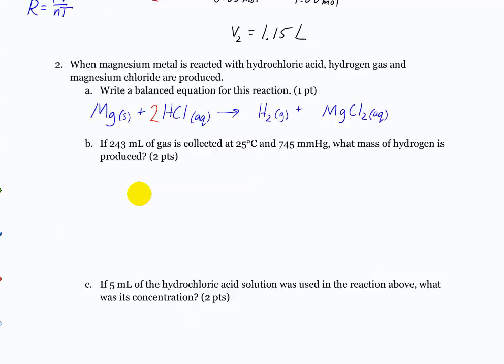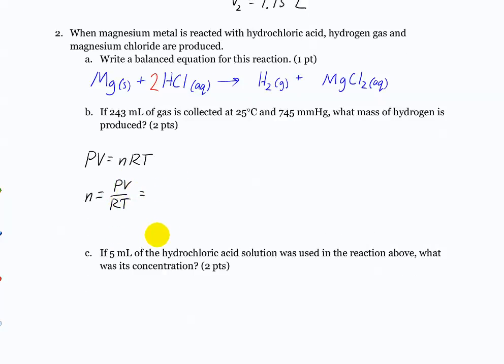Okay, let's use our ideal gas law. And we want to find moles. So n equals PV over RT. So that's going to be 745 millimeters of mercury.